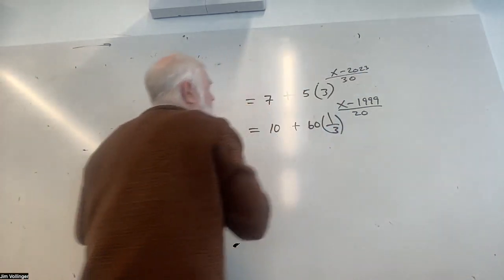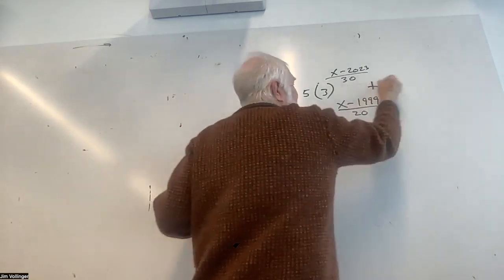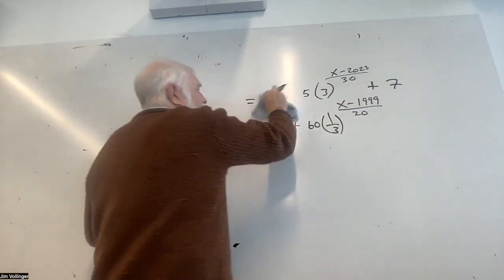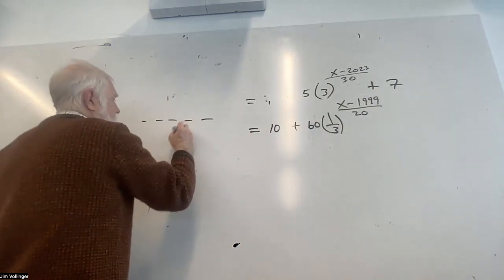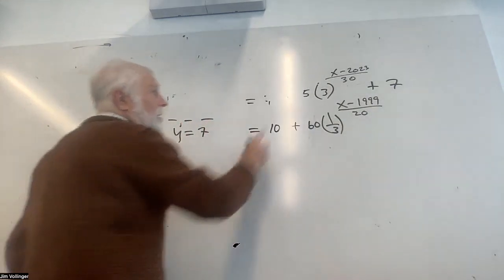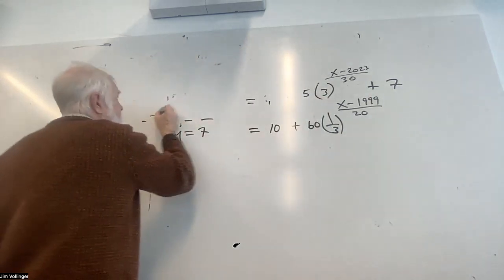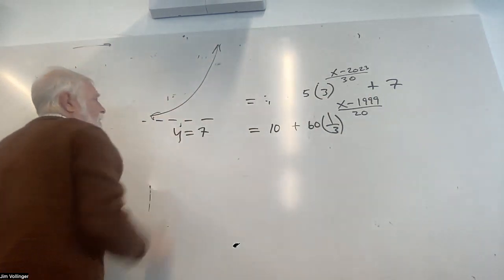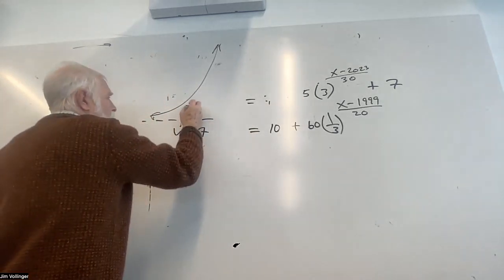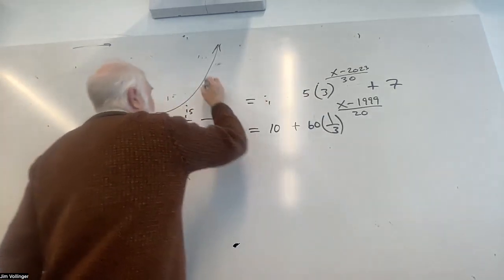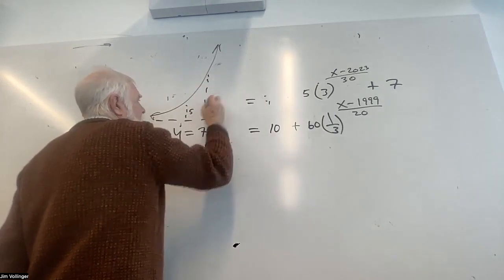I'm looking for the asymptote. 7. I could have put the 7 at the end. All right? It's the constant. So y equals 7. Growth or decay? Growth, tripling. Going up pretty steeply. What's my first jump? 5. What's my second jump? 15. 3 times that.